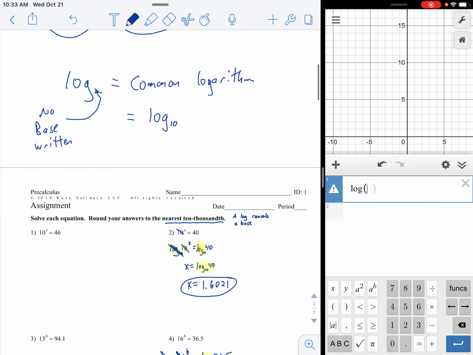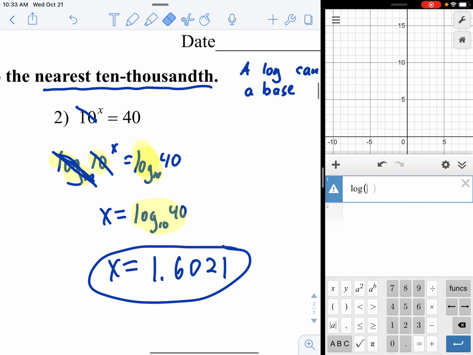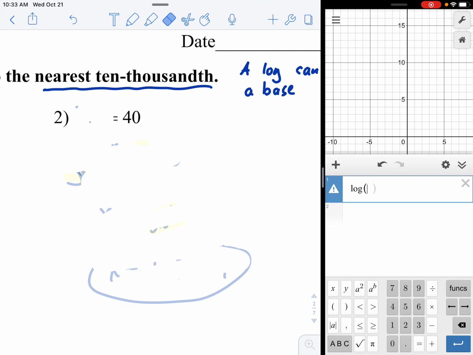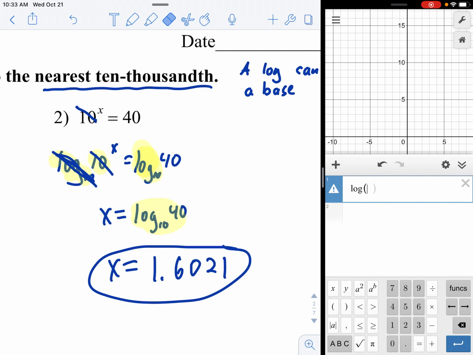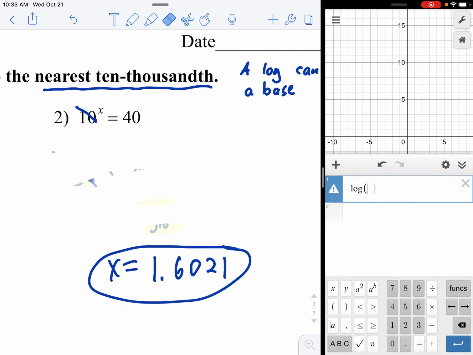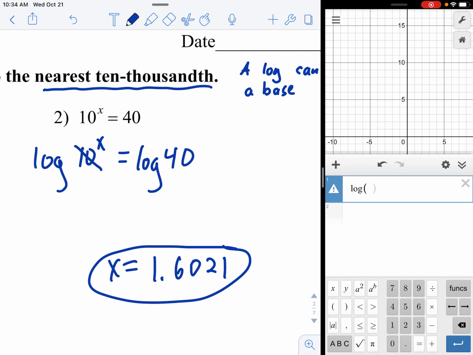What that means is, for number 2, I could have done it completely differently and still gotten the same answer. Let me leave the answer there and erase my steps. So I have 10 to the x equals 40, and I need to cancel out a base 10. If I simply do the common log of both sides, that should give me the answer. This cancels out the 10.